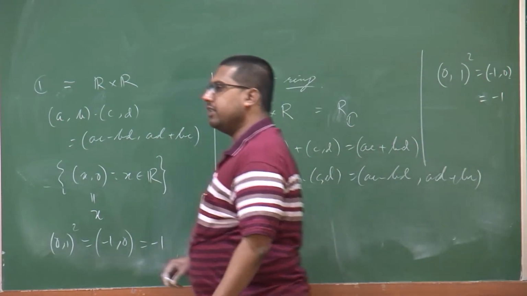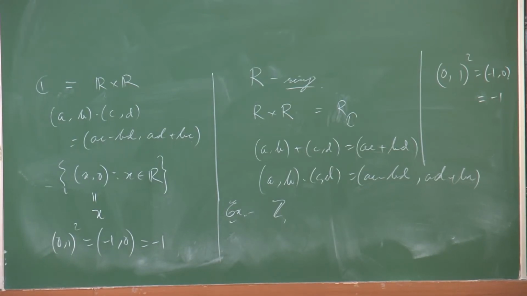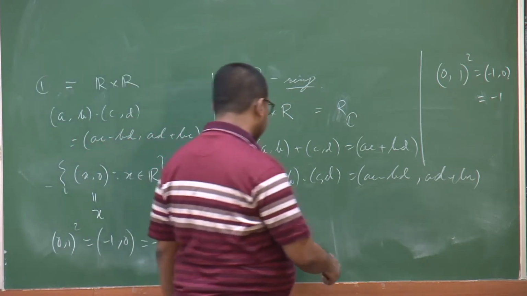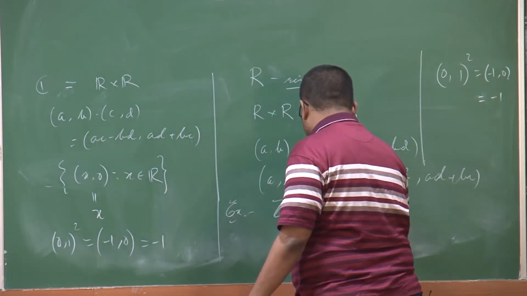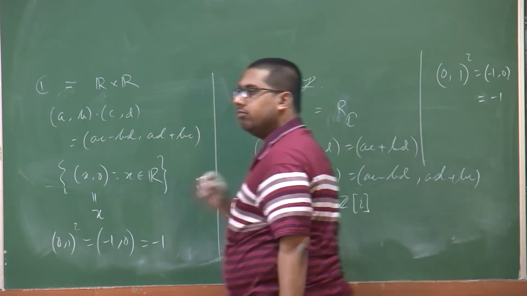If we start with Z, what are we supposed to get after complexifying that? I leave it to you to convince yourselves that it looks like Z[i].